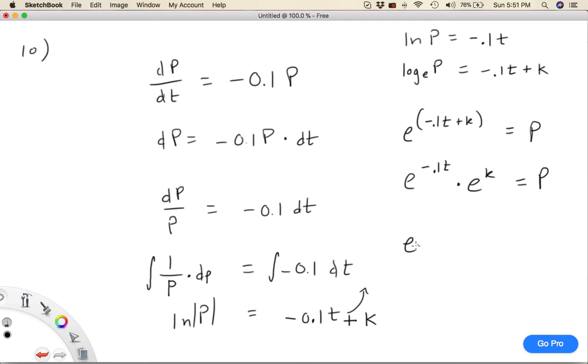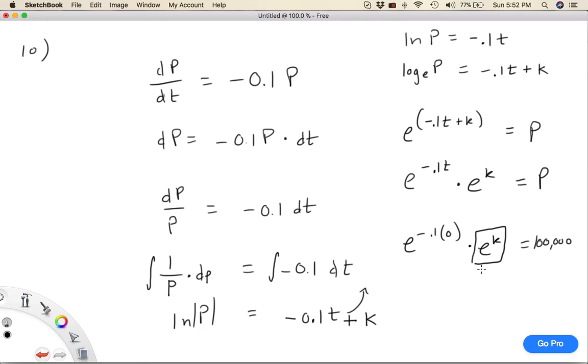So we're going to get e to the negative 0.1 times 0 times e to the constant is equal to 100,000. And actually, if you think about it, e to the power of a constant is just some other constant.